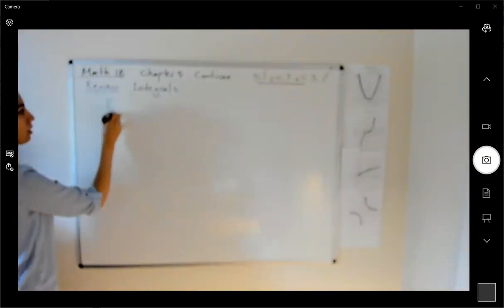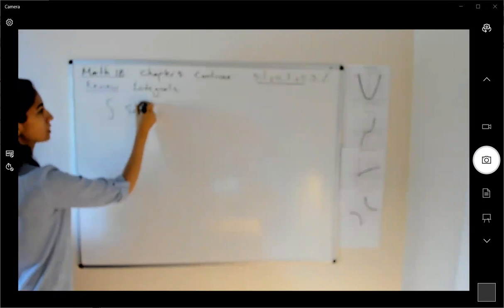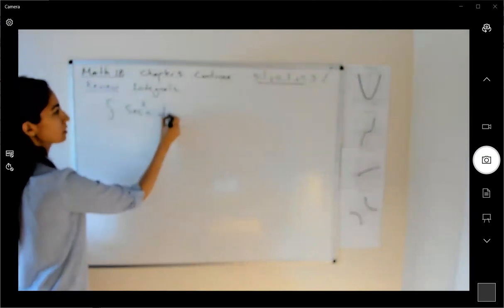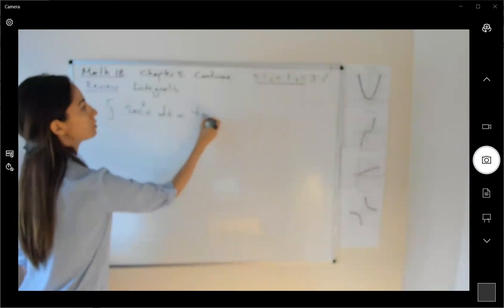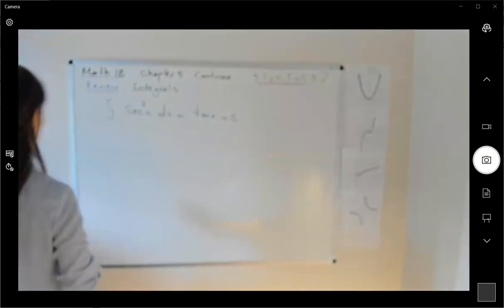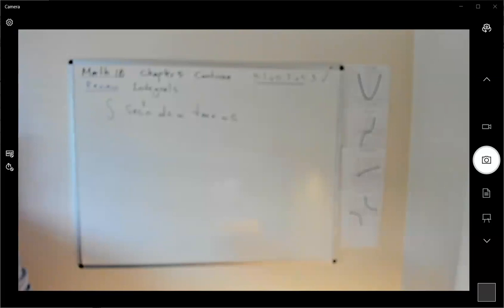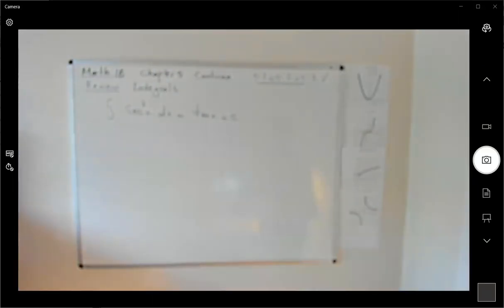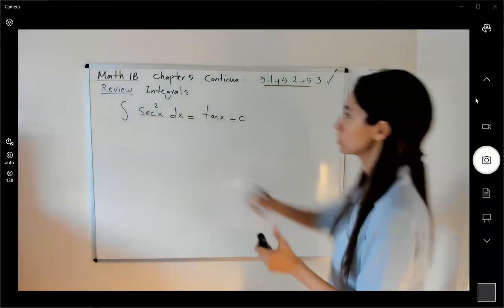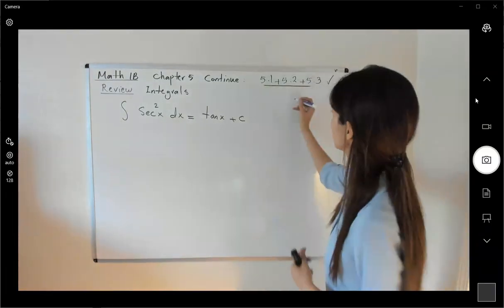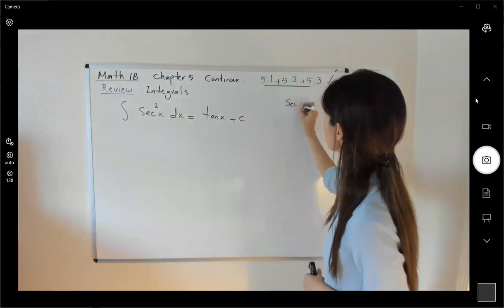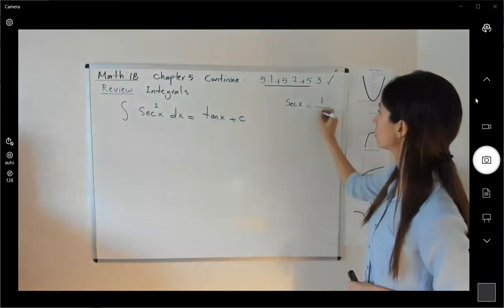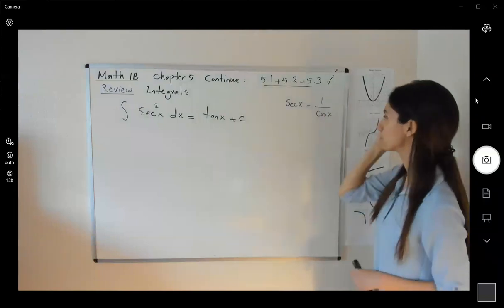The integral of secant squared x dx is equal to tangent x plus the constant of integration. So remember that the definition of secant of x is 1 over cosine of x.